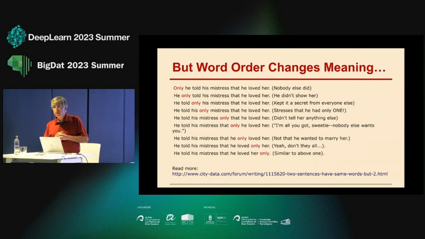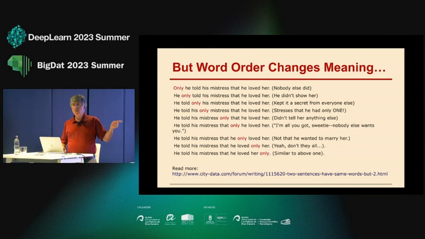Although, what sentences mean depends not only upon what words are in there, but what the order of those words are. This is an example I really like, in that this is something like 8 or 9 sentences where all the words are the same. All the words except only are in the exact same order.